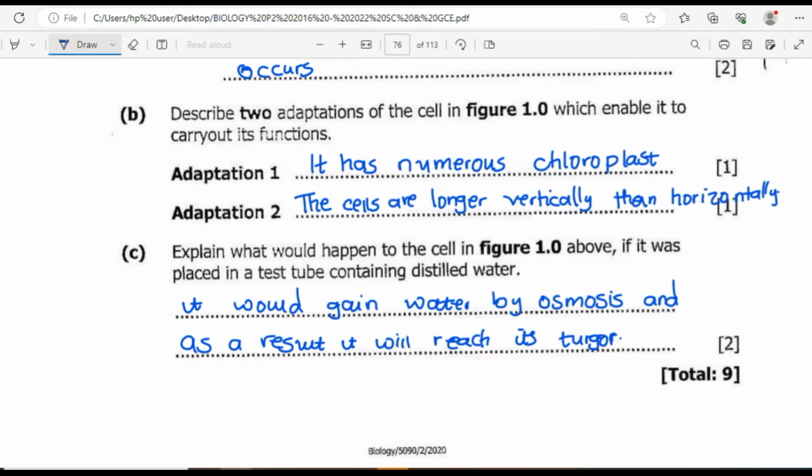So turgidity is a situation where the cell gained water, and as a result it expands in size. So this happens only with the plant cell, because if you look at the animal cell, if the animal cell gains a lot of water, it bursts eventually. Now for this one, we cannot expect this cell to burst because of the cell wall. So the cell wall helps to keep it in place.